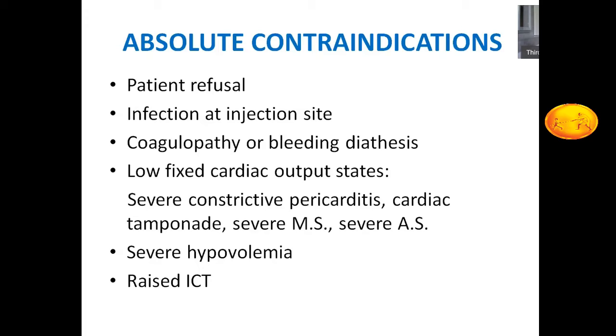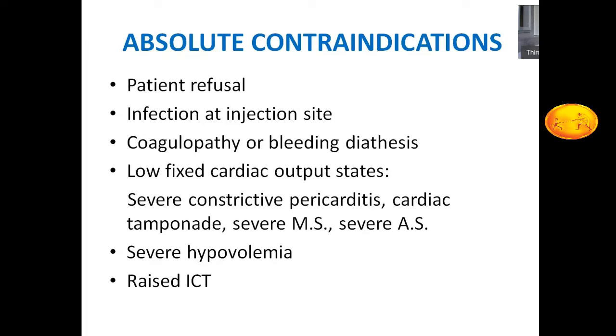Then coagulopathy and bleeding diathesis. Because spinal anesthesia, or inserting a needle into the spinal column, is a blind procedure. There may be a vessel which may come in between, and if coagulopathy or bleeding diathesis is there, then there is always a chance of piercing this vessel and causing a blood clot or hematoma inside the spinal column.